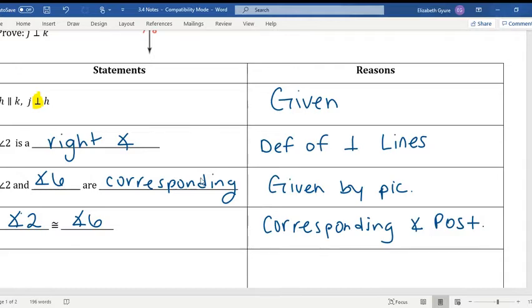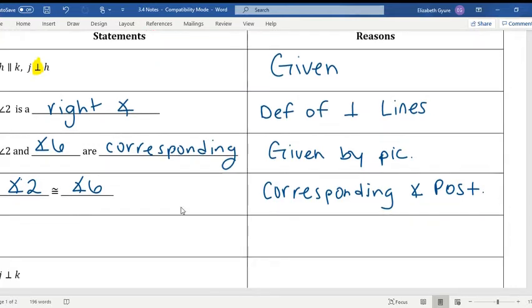And then we're actually almost done. We got one more thing. If angle 2 is a right angle and angle 2 is congruent to angle 6, what could I then say about angle 6? Think about it. If angle 2 is a right angle and 2 and 6 are congruent, what can I then imply about angle 6? It's a right angle. So let's say that angle 6 is a right angle.